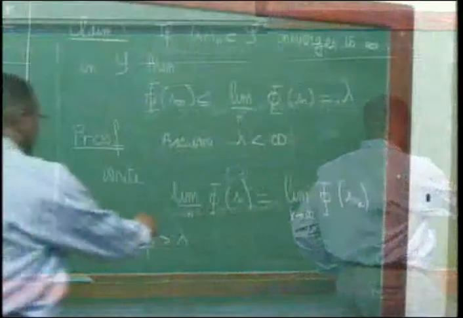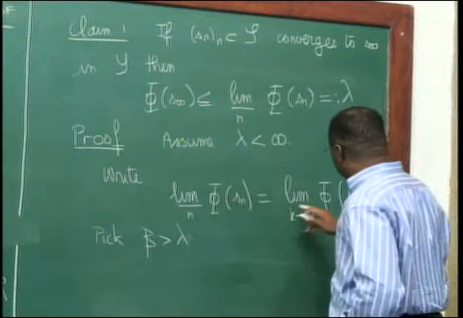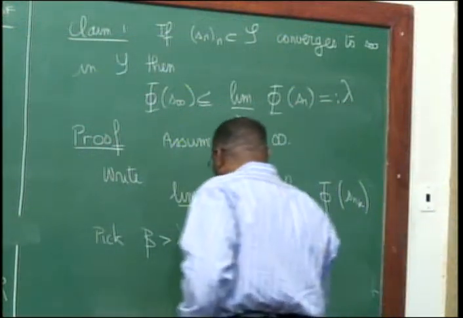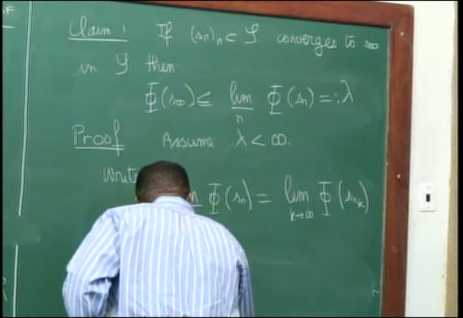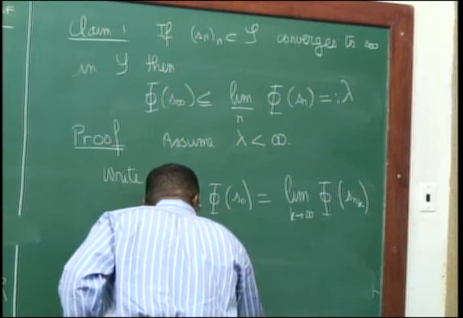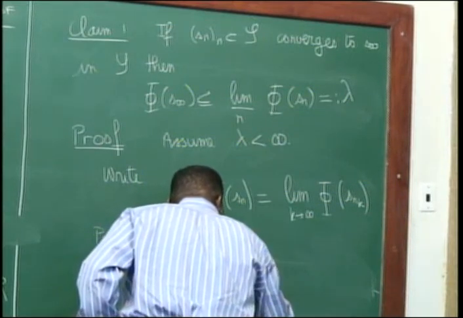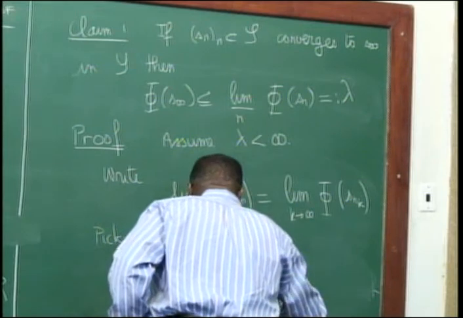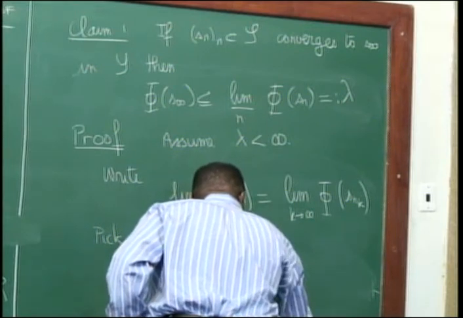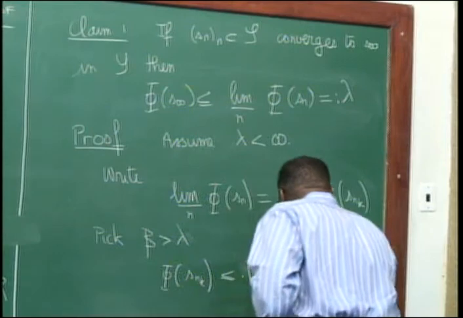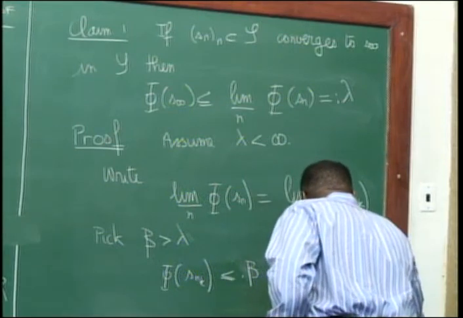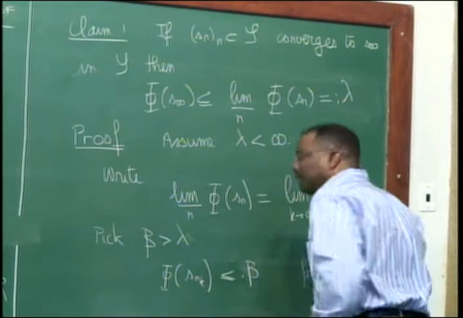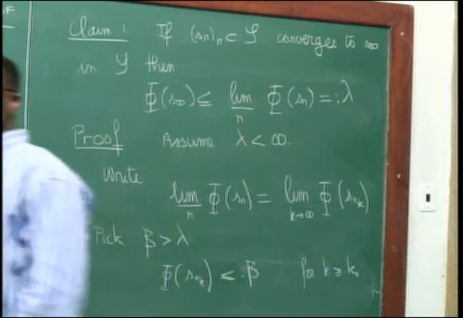By definition, if this limit is lambda, then we have phi of S_{n_k} is smaller than beta for k greater than a certain k_0.